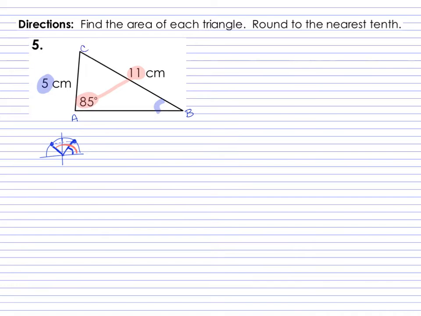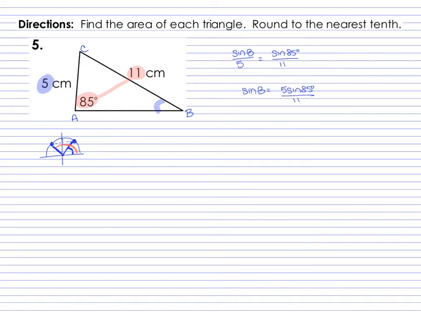So I'm going to use the law of sines to try to find that angle B. So the sine of B goes with 5, that goes over 5, equals the sine of 85 degrees over 11. So I'm going to get the sine of B by itself by multiplying both sides by 5. So the sine of B equals 5 sine of 85 degrees divided by 11.